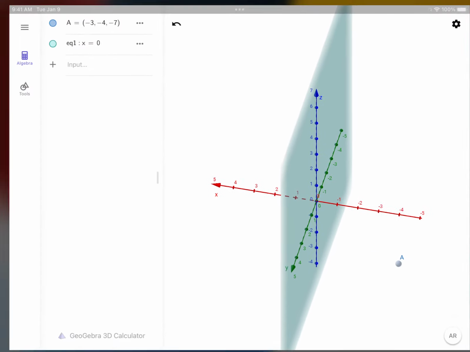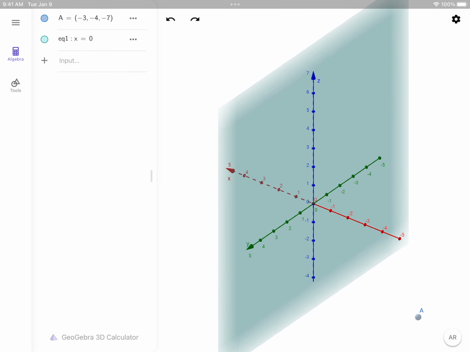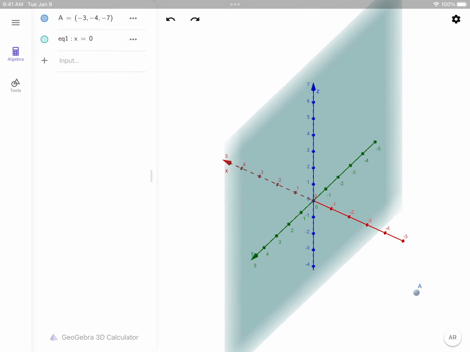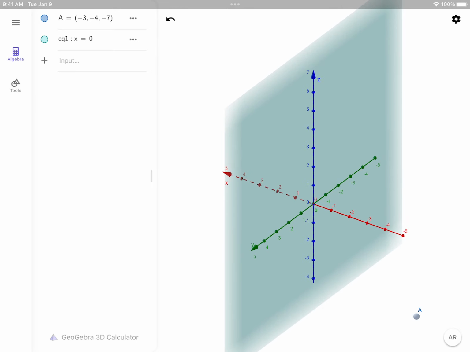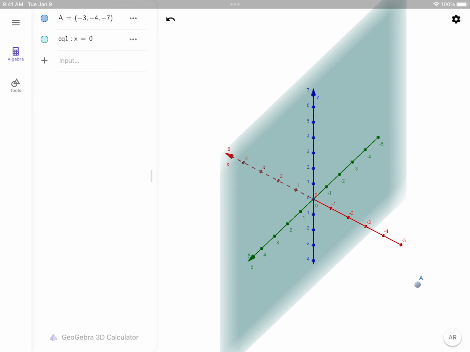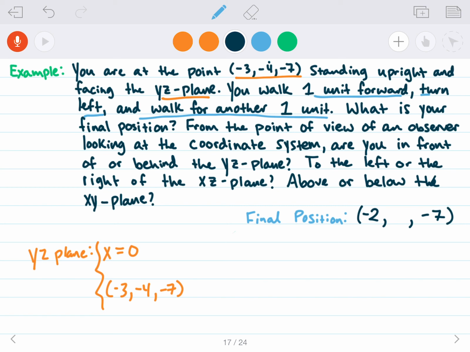And then it says that we're going to turn left once we walk forward. I got to be careful not to click that point. And we're going to move 1 to the left. So notice that the left is indicated with the y-axis. If we go 1 to the left, we're getting more positive in the y direction. Okay, so we're just adding 1 to y. So instead of -4, since we're going left 1 unit, we're going to be at -3.